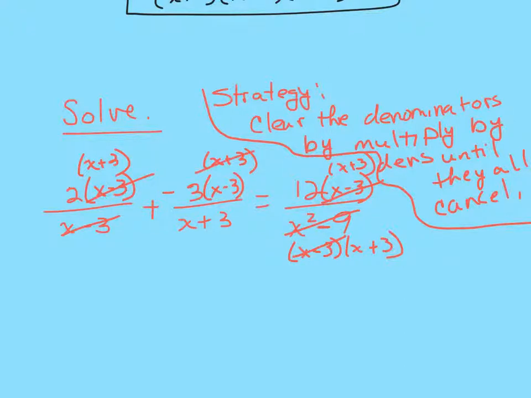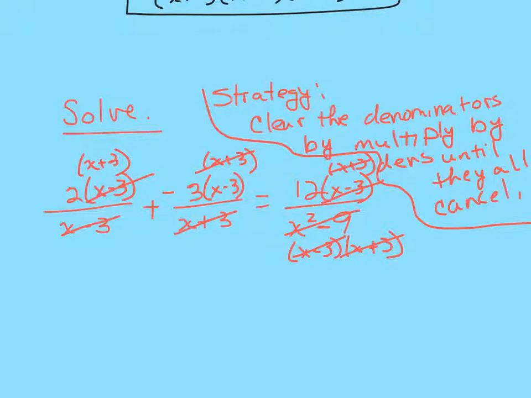Well, x plus 3 will cancel x plus 3. And in the back, x plus 3 will cancel x plus 3. And do you see that we have cleared the denominators now by multiplying by both of those? Okay, let's see what kind of equation we end up with.